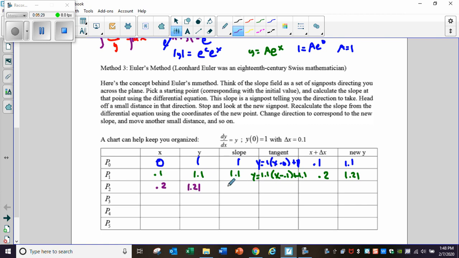Then, since our y value is equal to our slope, the slope is 1.21. New tangent line equation, y equals 1.21 times x minus 0.2 plus 1.21. New x value is 0.3, plug in 0.3 here, and you will get out 1.4641. And I can continue on.